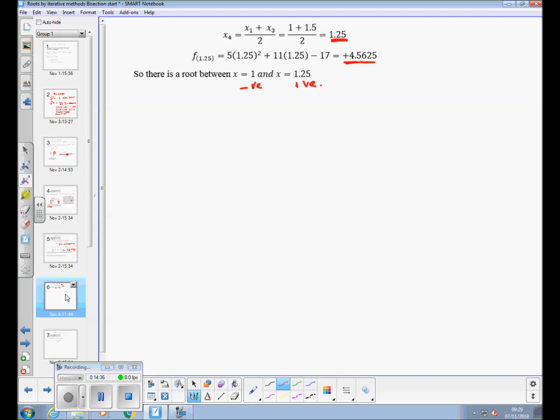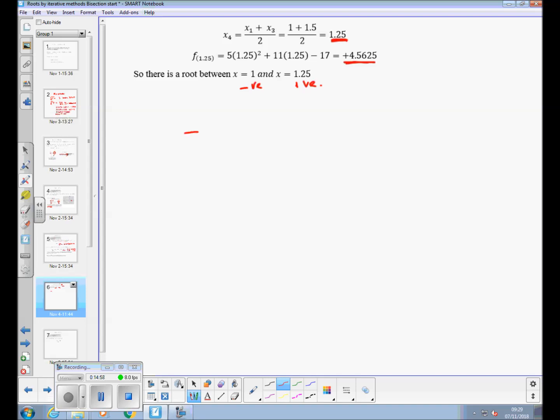So we are between 1 and 1.25. So what we now do is go halfway between 1 and 1.25.